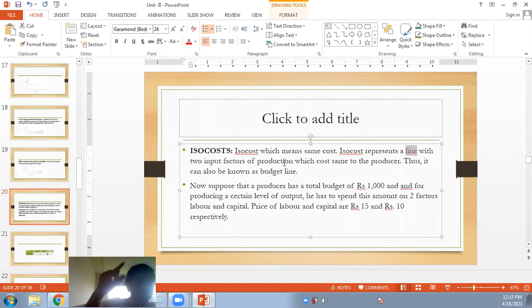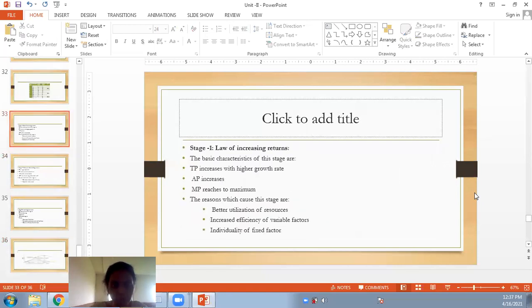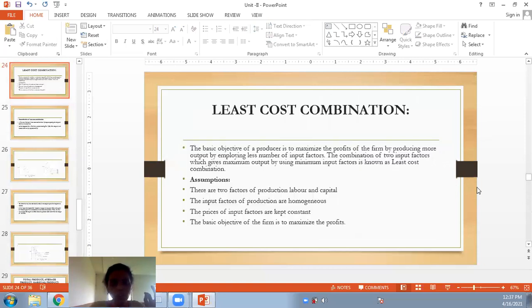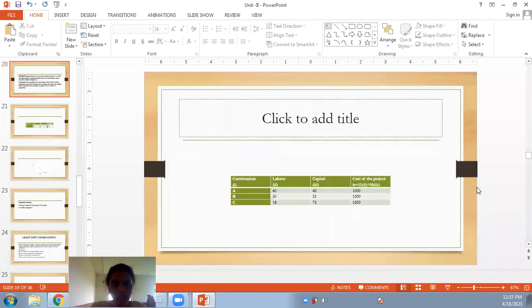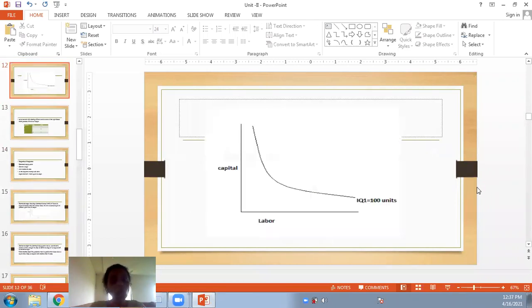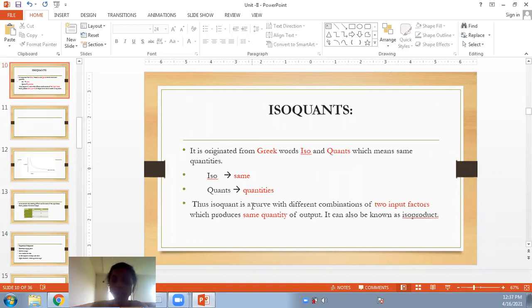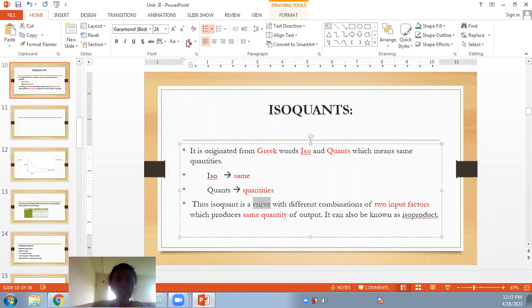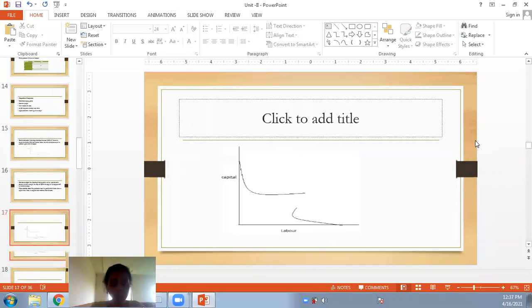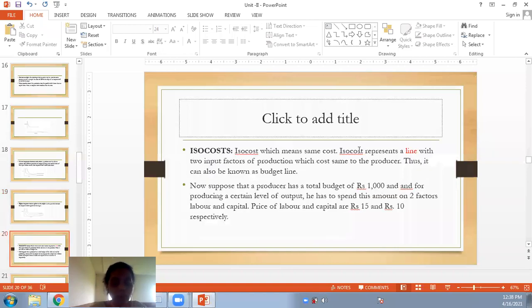If you remember, we said an isoquant is a curve, whereas an isocost will always be represented as a straight line, a line with two input factors.